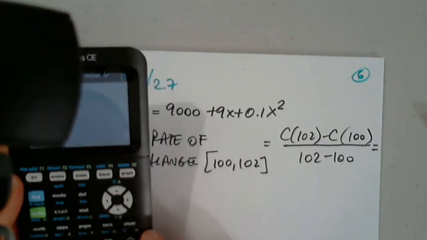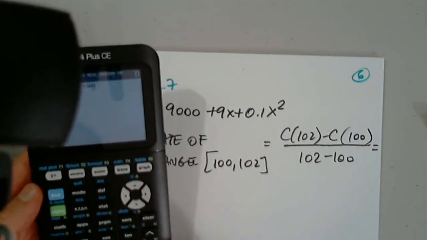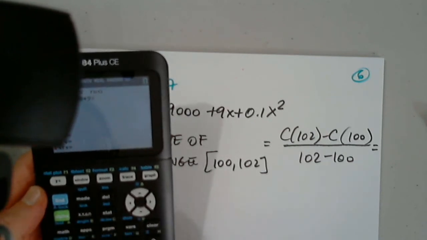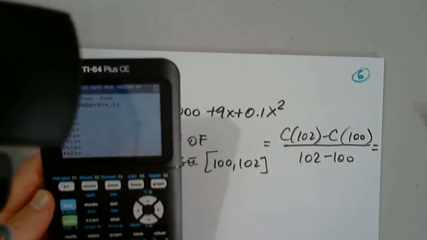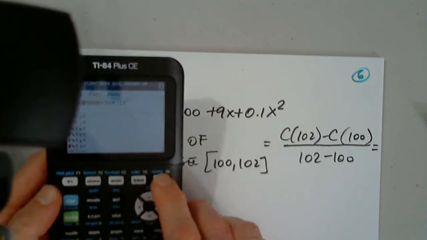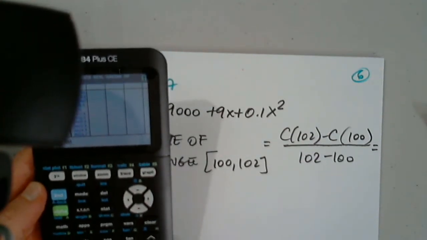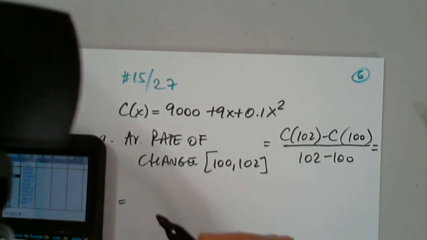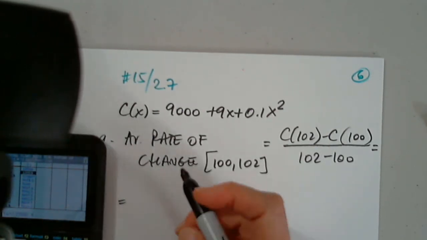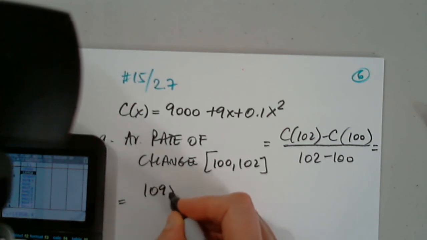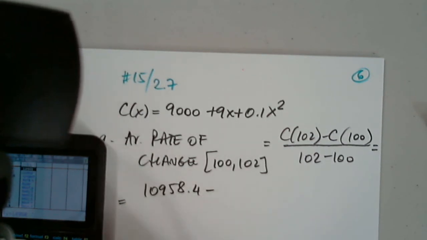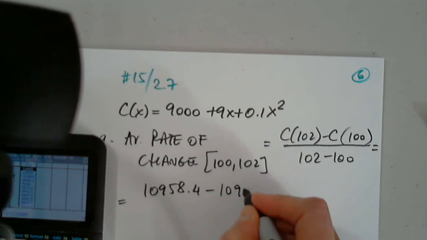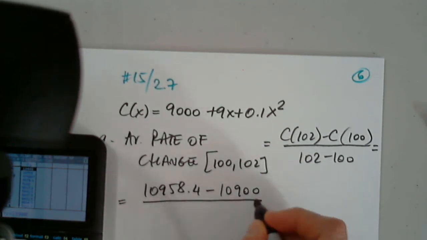In y equals 9,000 plus 9x plus 0.1x squared. And I will determine with 100 and 102. So with 102, let me double check. Okay, so it's 10958.4, and the other one is 10900, and divide by 2.